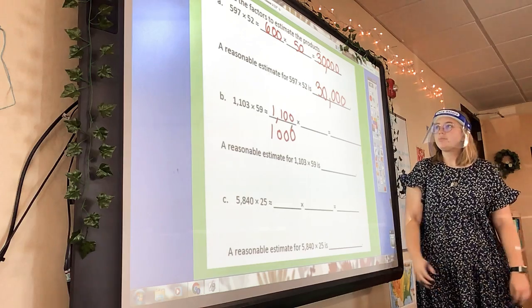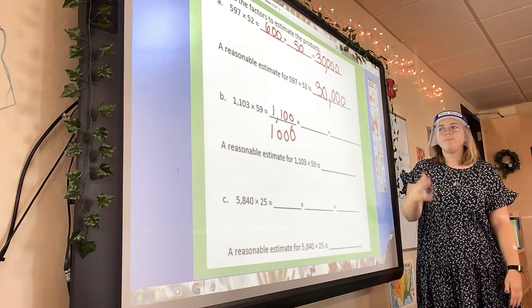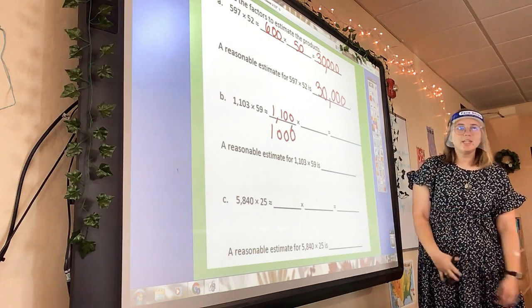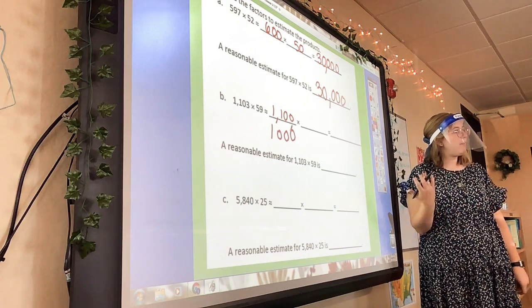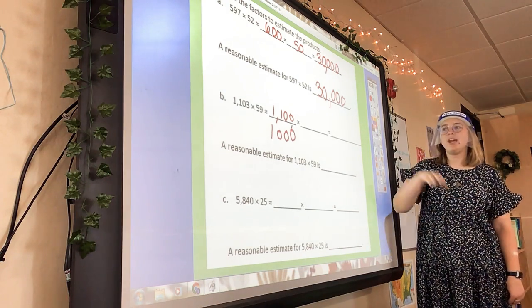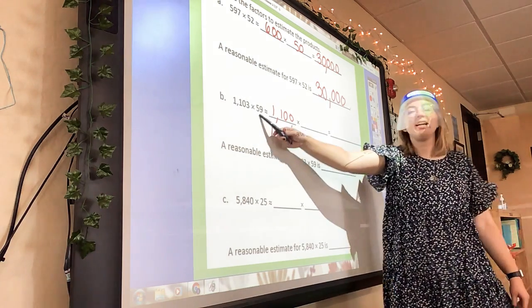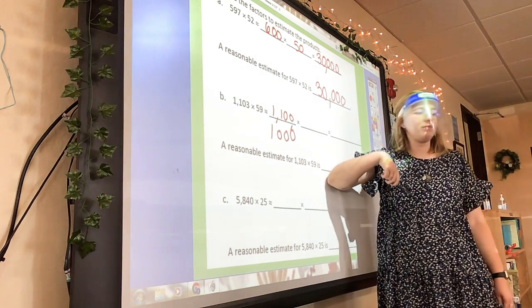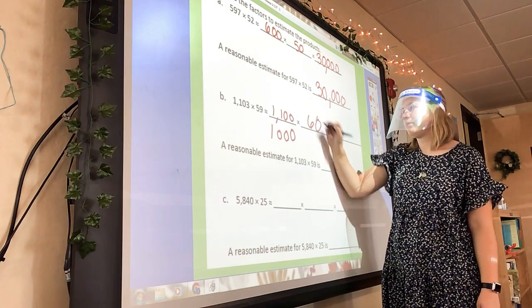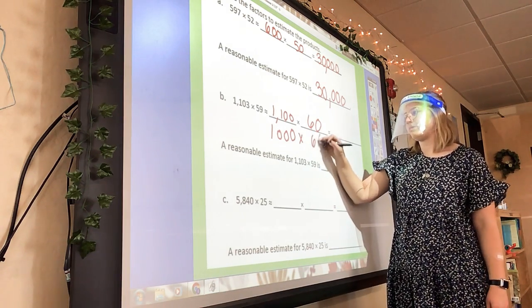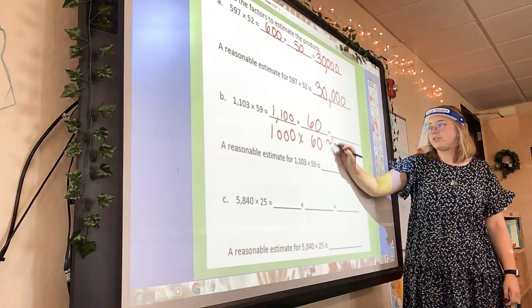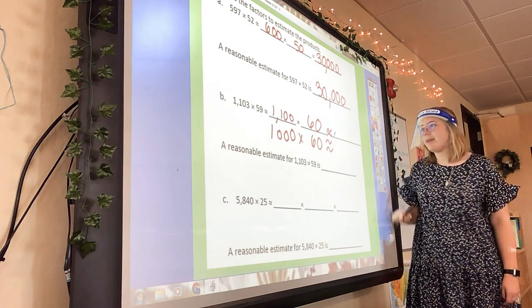And then for the second factor, rounding to the nearest 10 would probably make the most sense. Would it round down to 50 or up to 60? 60. 59 is definitely closer to 60 than it is to 50. So 60. These should all be squigglies, but anyway.